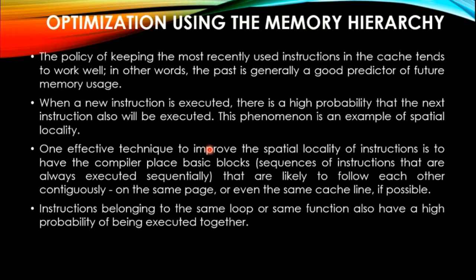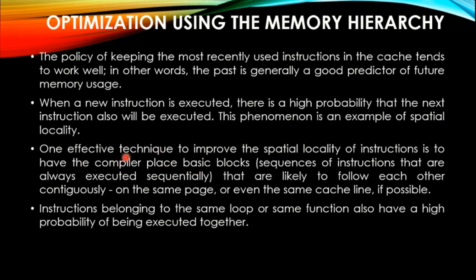Based on the history, the past, we can analyze which instructions were frequently executed within that program. Such instructions can be copied into the cache memory to optimize the memory management or memory hierarchy of the program.